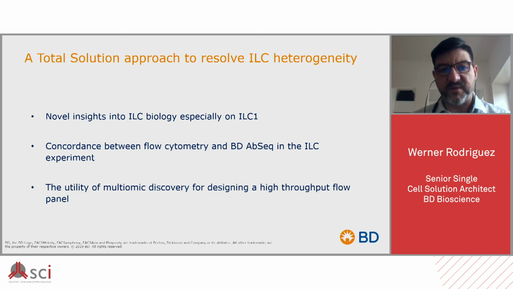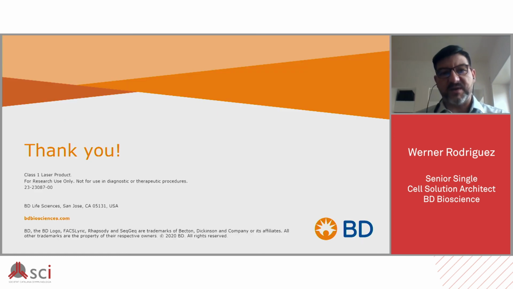You saw we were able to demonstrate the concordance between the flow data and the data coming from the molecular biology workflow with these experiments, and it allows us to demonstrate the ability of multiomics for designing a high throughput panel for flow cytometry. With that, I would really like to thank you, and I will open it now to your questions.